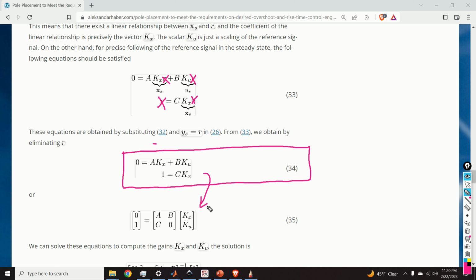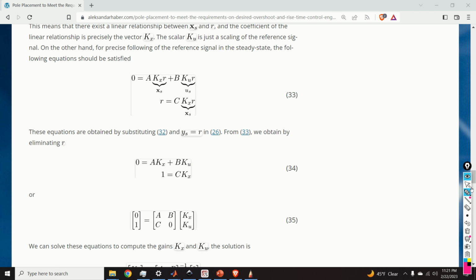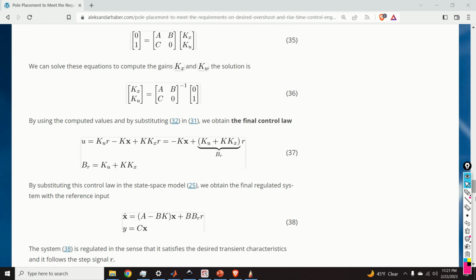We can write this equation in the matrix form to obtain this equation over here, where Kx and Ku are the matrices or scalars that we need to determine. Obviously, if the A B C 0 matrix is invertible, the solution will be given by equation 36.